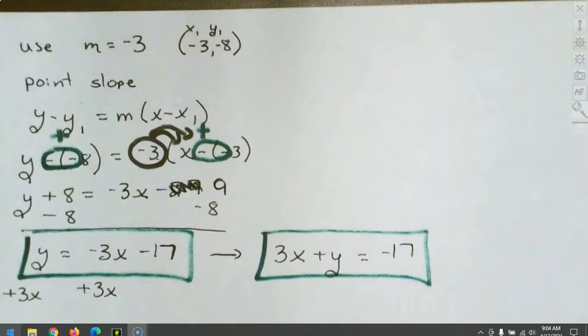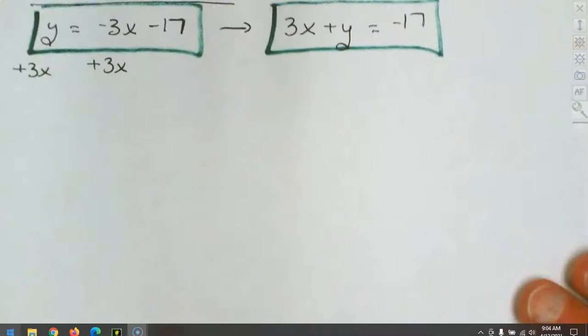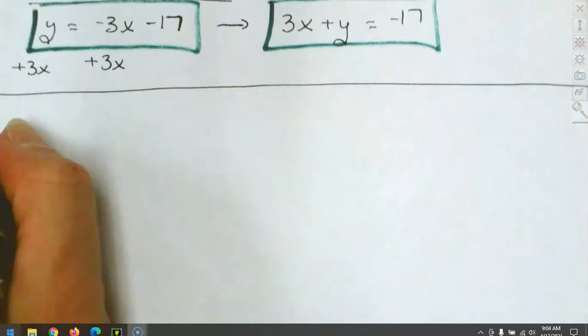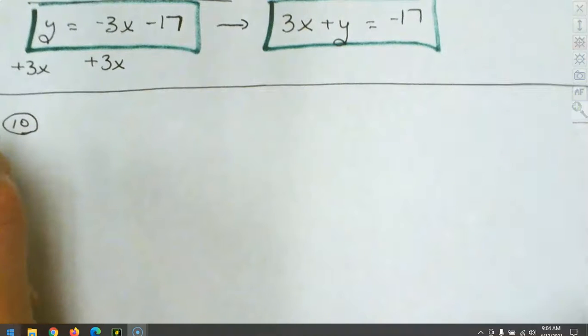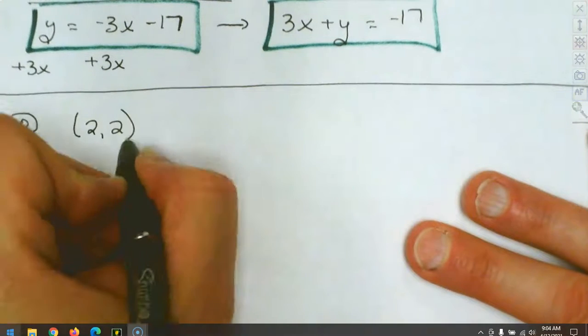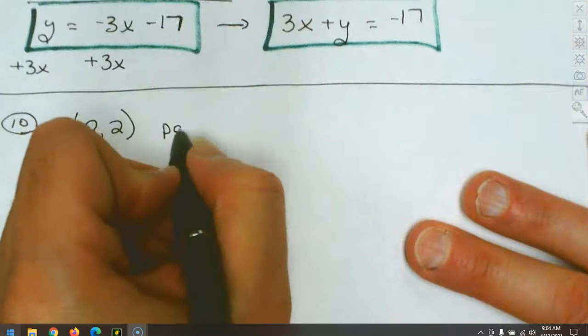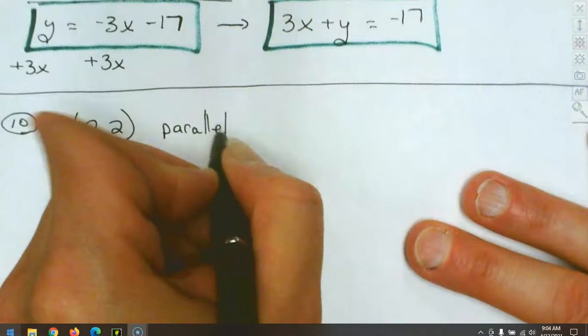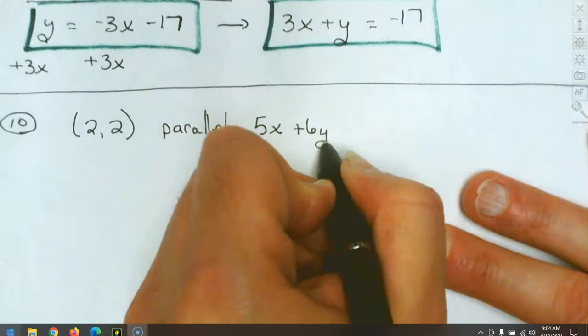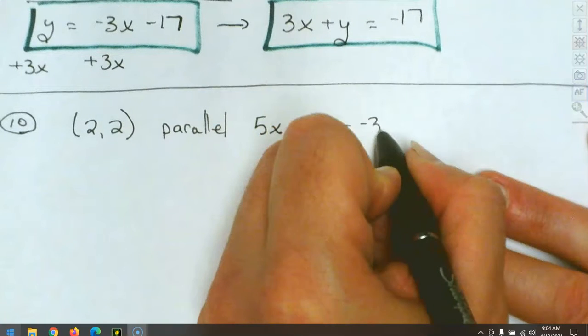Question 10 is very similar to question 8. But we have to do a little bit more work on question 10. So for question 10, we've got this point, 2, 2. And we want it to be parallel to this line equation, 5x plus 6y equals a negative 32.